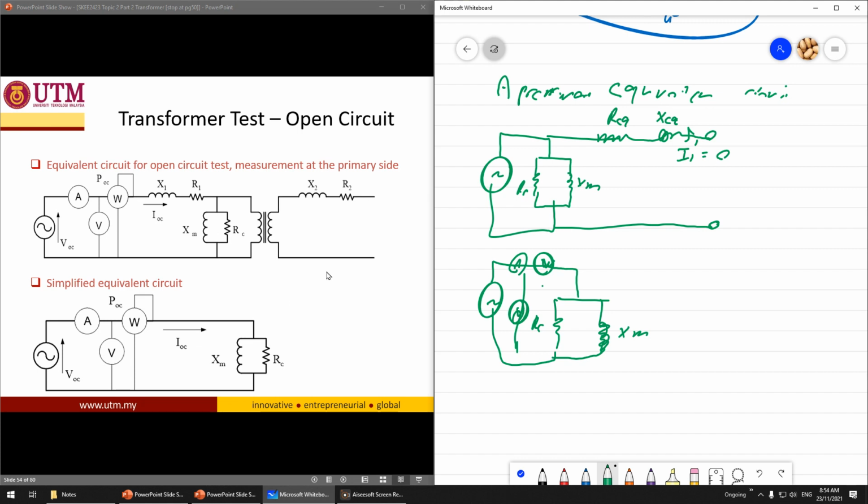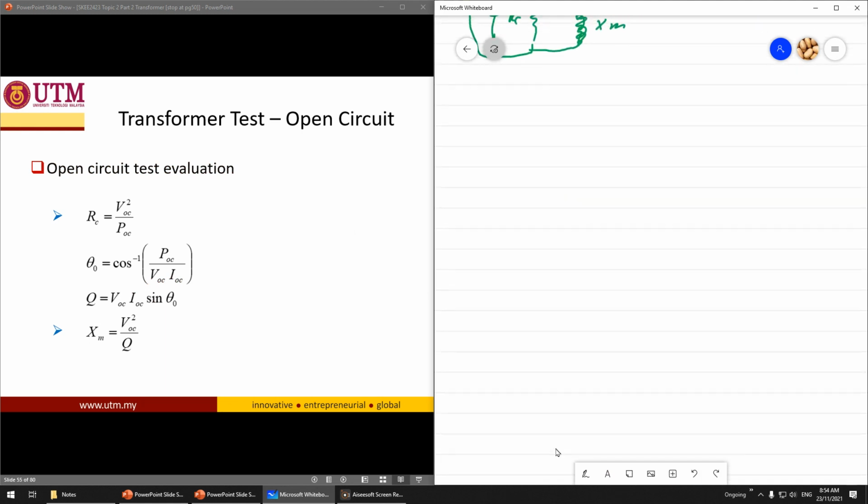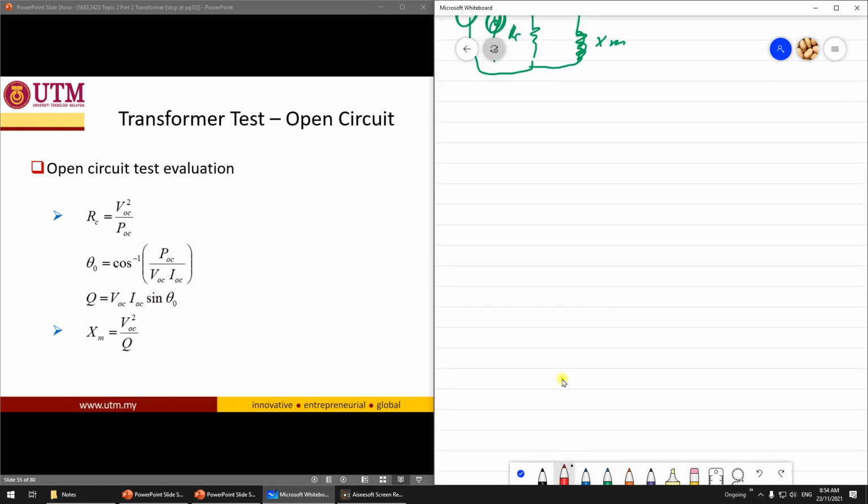Based on these three values, you can calculate the circuit. So how to calculate it? You have power POC from the wattmeter, voltage VOC from the voltmeter, and IOC from the ammeter.